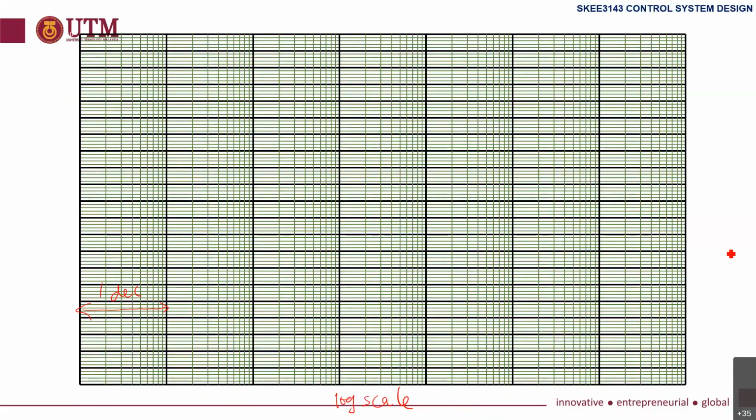Then the y-axis is a normal scale. You can see the log scale on x is not even. It starts from a big scale, then reduces in one decade. But the normal scale is all the same.